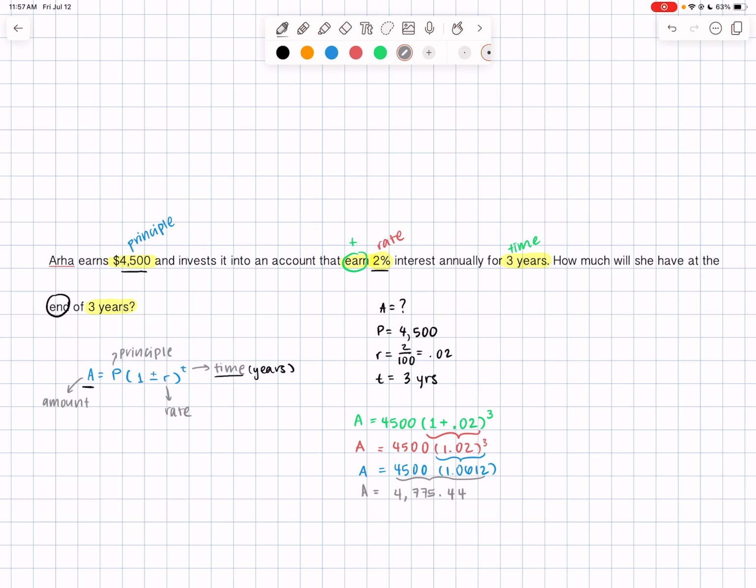So our decimal value was actually 436, but I'm going to round up, and we get $4,775.44. Don't forget the dollar sign. So this is the amount she will have at the end of 3 years.